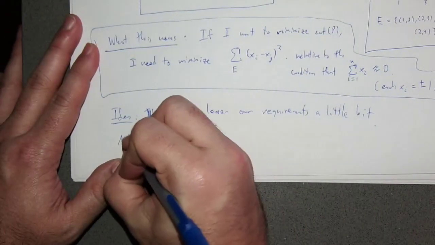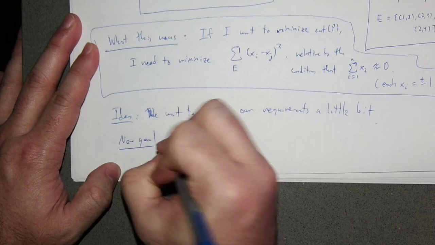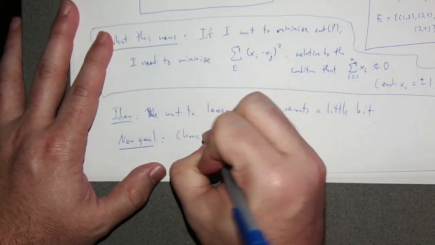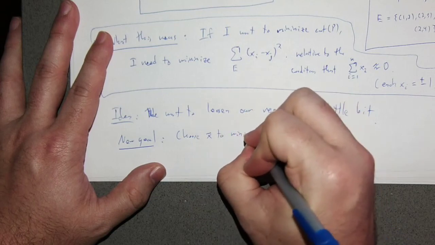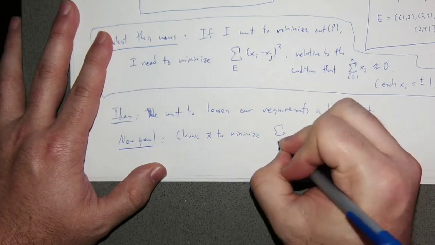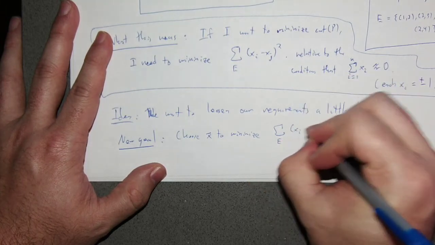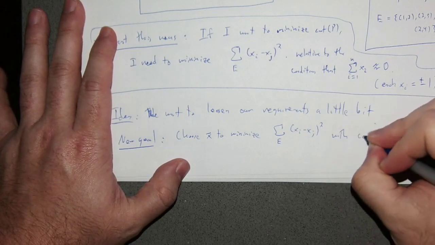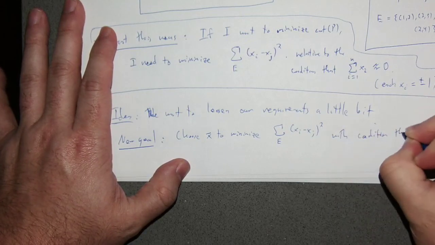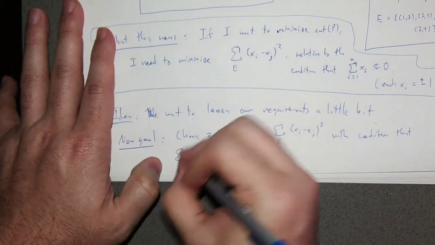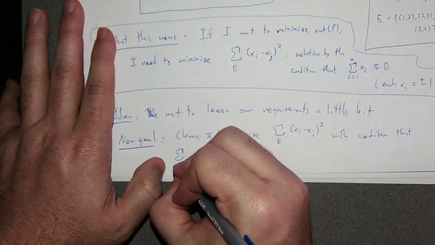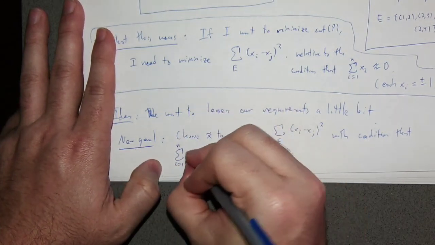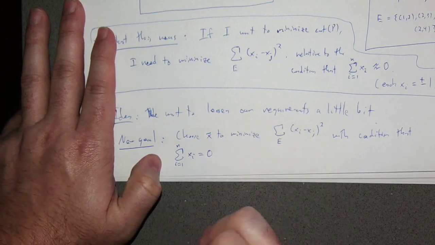So new goal: choose x to minimize the sum over the edge set of x sub i minus x sub j squared, with the condition that the sum from i equals 1 to n of the x sub i is identically equal to 0.